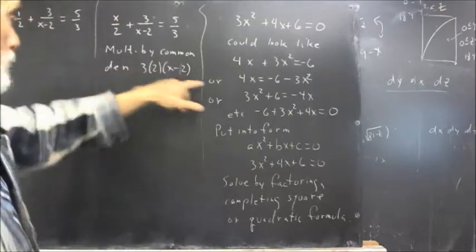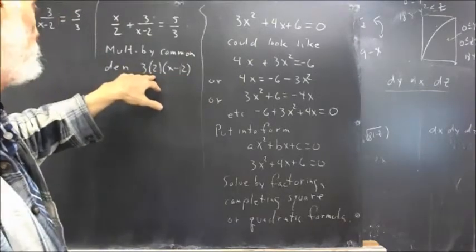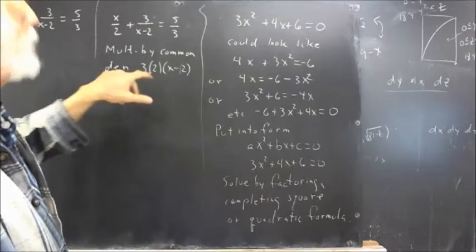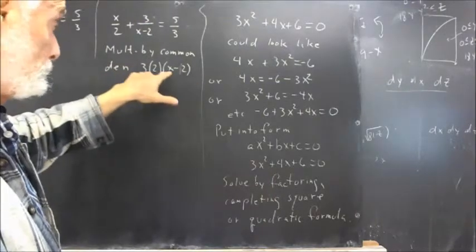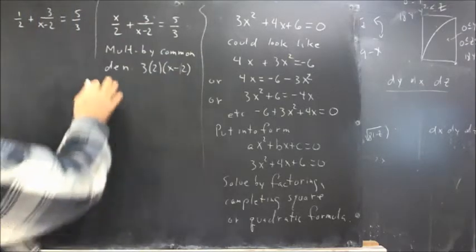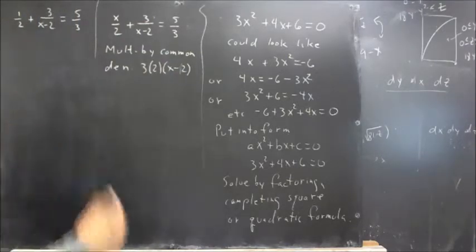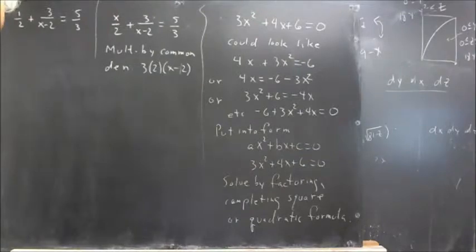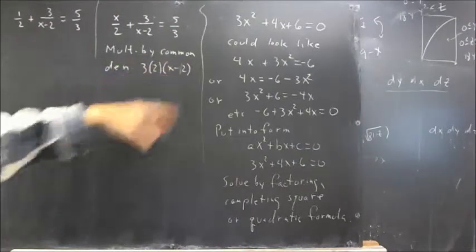Now I'm going to leave it in factored form. Of course, I could multiply out the 3 times 2 and get 6, and I could even multiply that through the binomial and get 6x minus 12, but I'm going to leave it in this form because then we're going to see much more clearly how everything works out.